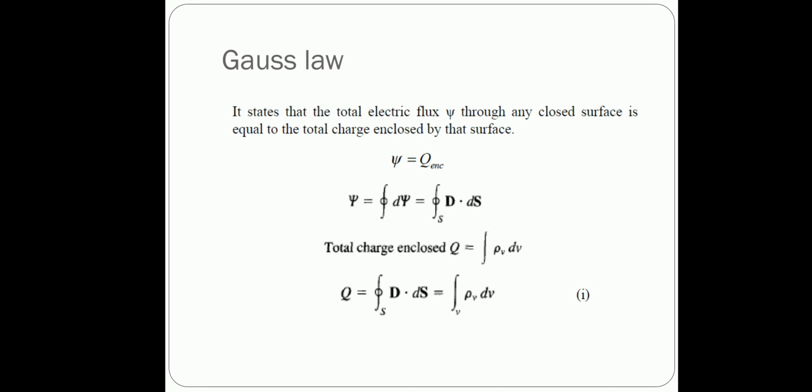According to Gauss law, the total flux psi is equal to the charge enclosed. So we can write the surface integral of D dot ds equal to Q itself, and we can replace this Q in terms of volume charge density as Q equal to the volume integral of rho v dv. So Q equal to psi itself, where psi is the surface integral of D dot ds, which is equal to the volume integral of rho v dv.